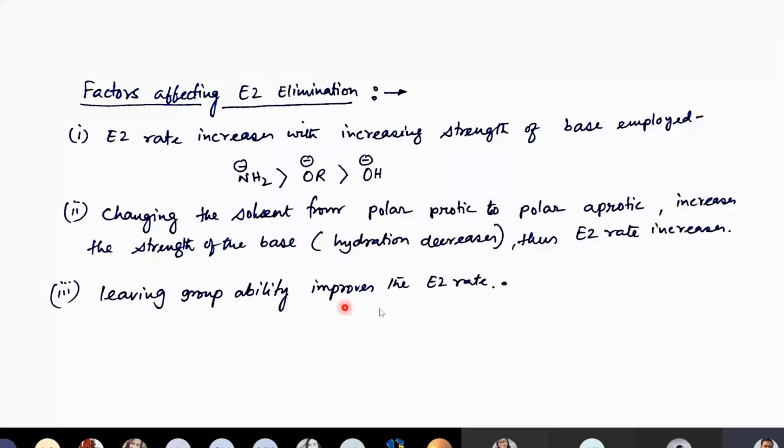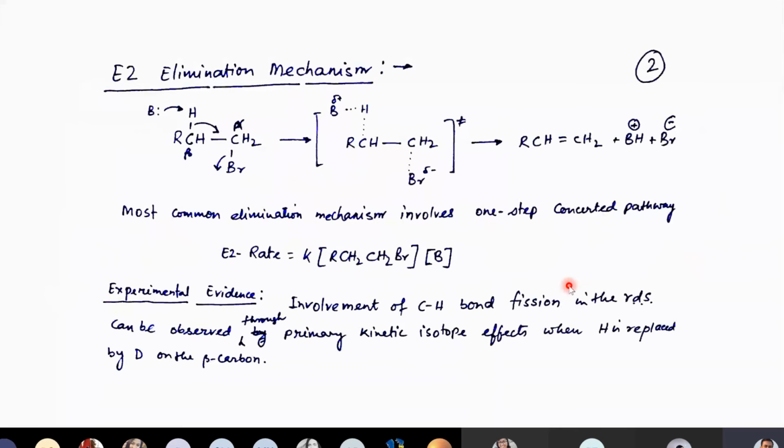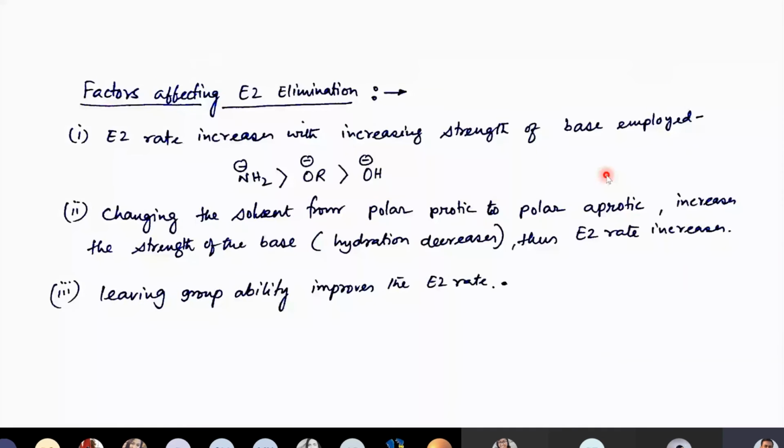And third, leaving group ability improves the E2 rate. Again, it's the same: your leaving group is also involved in the rate determining step. So if the leaving group ability increases, then your rate will also increase. So these are the three main factors which affect or improve the rate of the E2 elimination mechanism.